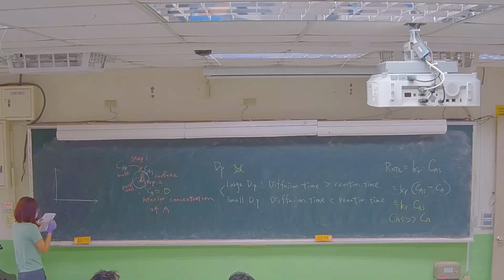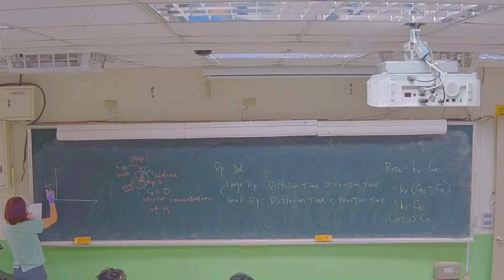And let's see figure B. You can see in figure B, the y-axis is Kr. Actually, Kr is defined as the overall rate constant.